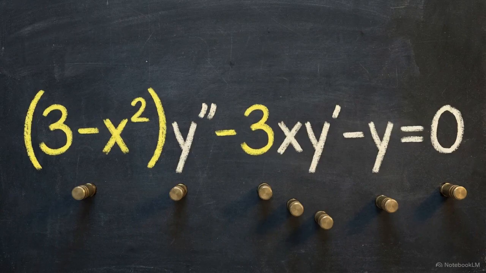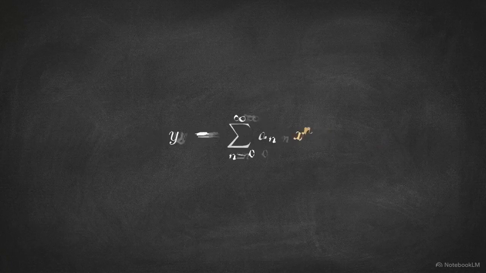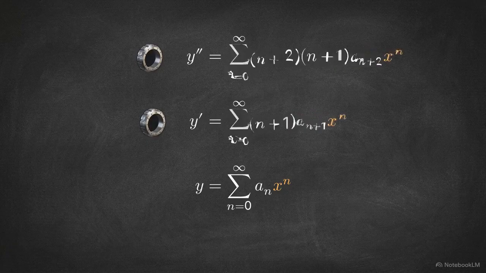In question 3 of the 2017 midterm, the coefficients are variables. The x components attached to these derivatives make standard exponential guesses impossible. To solve equations with variable coefficients, we assume the solution takes the form of an infinite polynomial, a power series. The mechanical challenge lies in summation alignment.